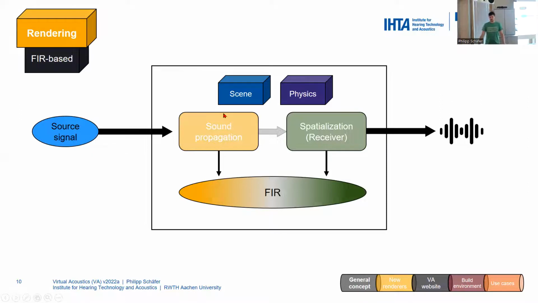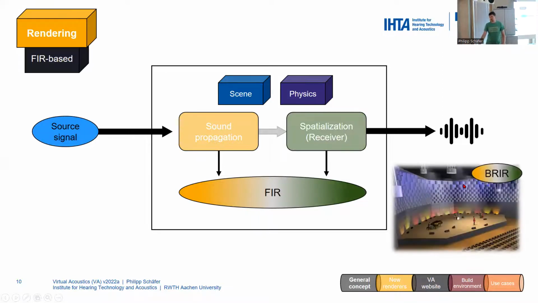In this case, both steps, the sound propagation and the spatialization, are combined in a single impulse response, which we convolve the input signal with. And a typical example for this is our room acoustic scenarios, where we can use binaural room impulse responses, for example, which we convolve our input signal with. However, the drawback here is that sound propagation and spatialization are considered together in one filter.